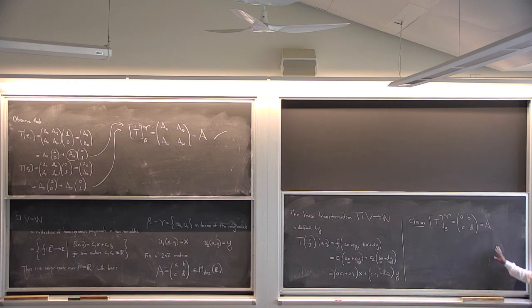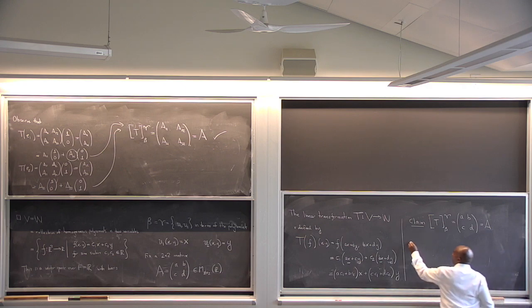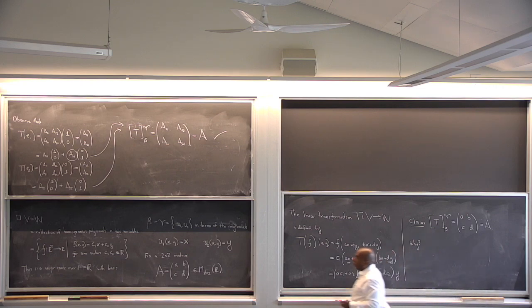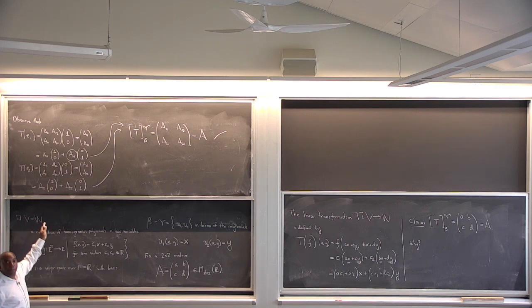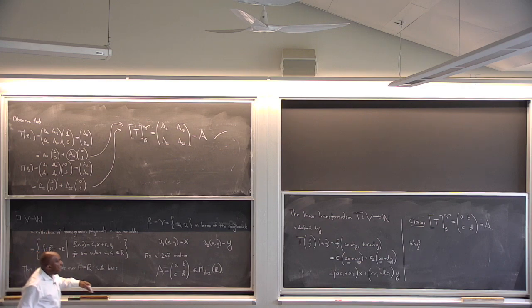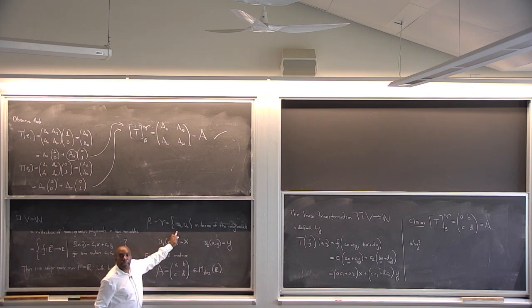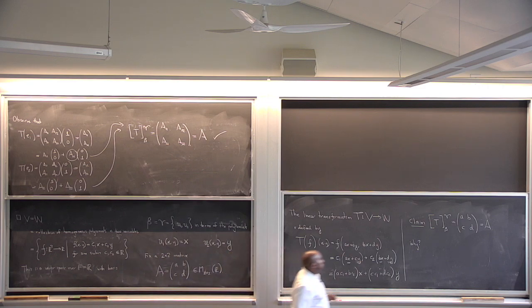So let me see if I can explain why this is true. Well, just like before, what we have to do is take the basis elements, v1 and v2, see how T operates on them, and then figure out a linear combination in terms of the basis again. So we'll do that like this.